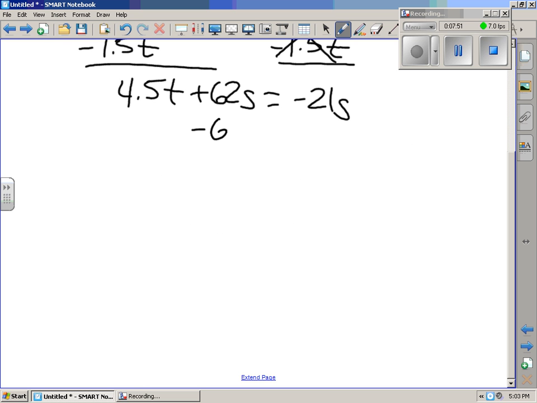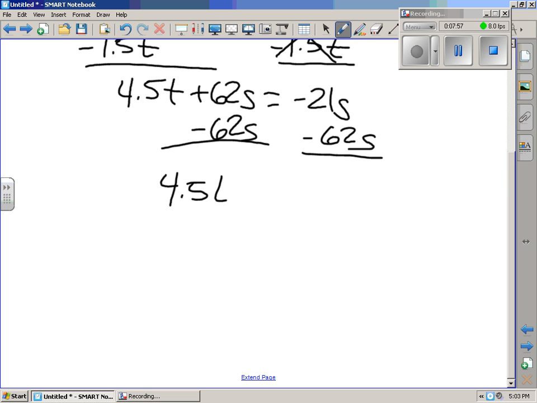Then we're going to subtract 62s from each side. On the left side, we are left with 4.5t. On the right side, we get a negative 83s. And then we're going to divide each side by the coefficient of s, because we're trying to get s alone in this problem.